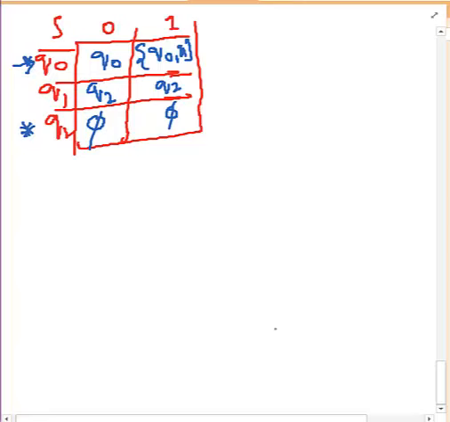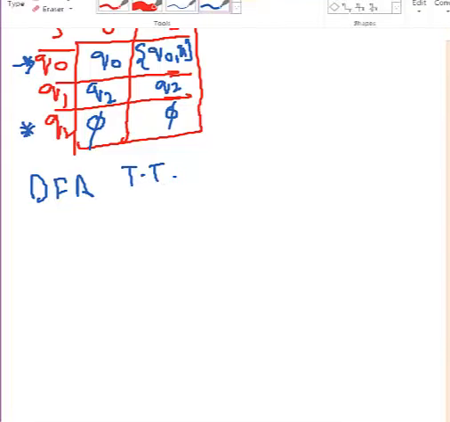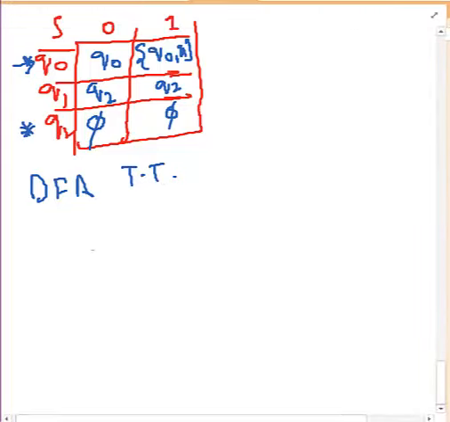Now I have to make the DFA out of it. So I will make a DFA transition table. How I do it is I choose a different pen. Here I will write firstly the NFA states, the states I had from the NFA. Then I have the DFA states.